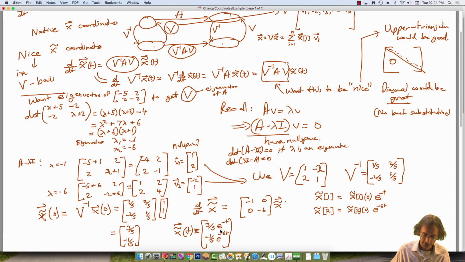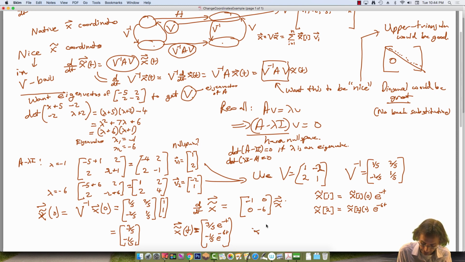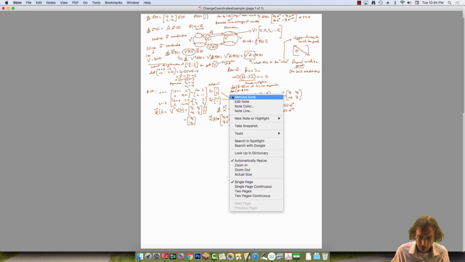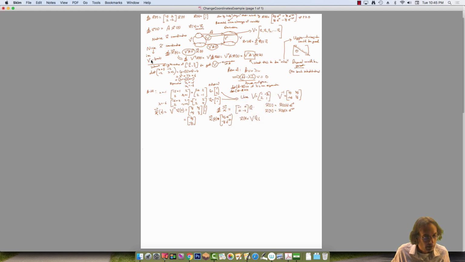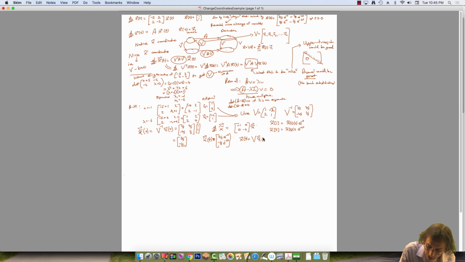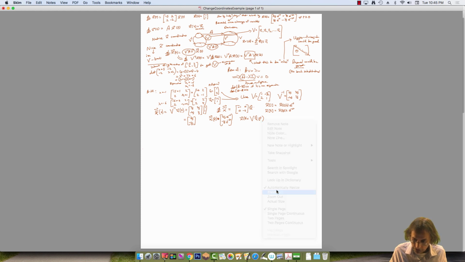We multiply by V. So that means, let me write this more cleanly, x of t is just V times x tilde of t, which in this case, hold on, let me zoom in here.